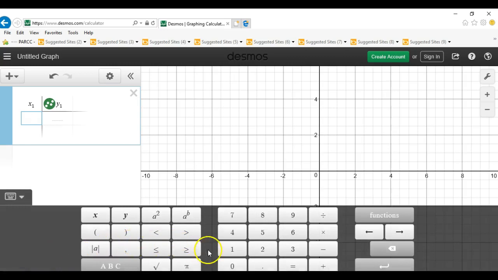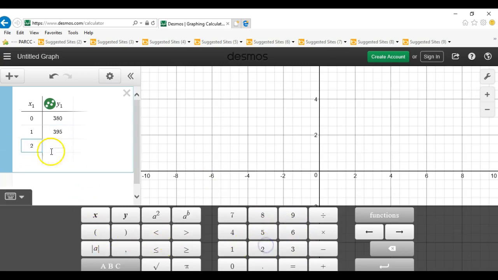So my first one was 0, 380. Then we have 1, 395. Then we have 2, 411, 3, 427.